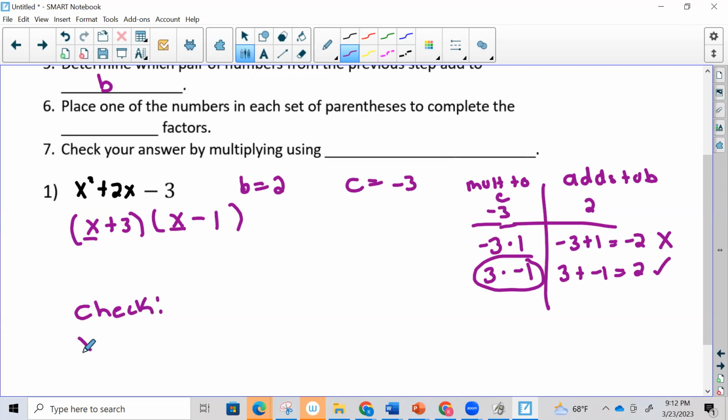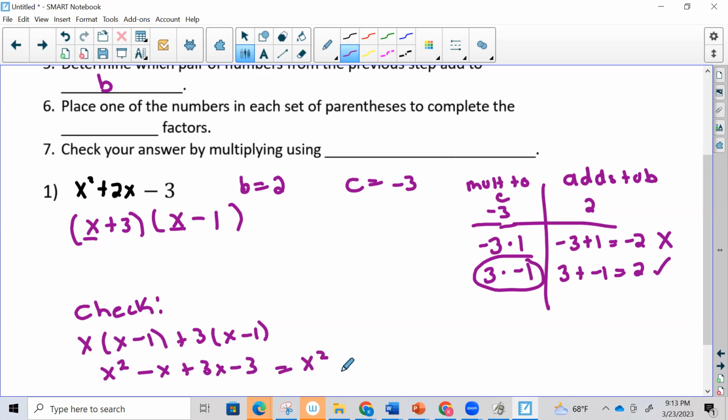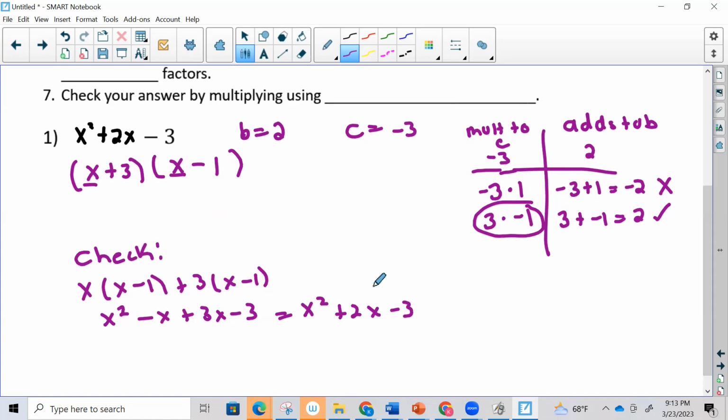So x times x minus 1 and 3 times x minus 1, or you can do your FOIL, and we get x squared minus x plus 3x minus 3, and that gives me x squared plus 2x minus 3. It's really easy to make a mistake on these, so checking them takes just an extra minute or two, and it's a good idea to check them.